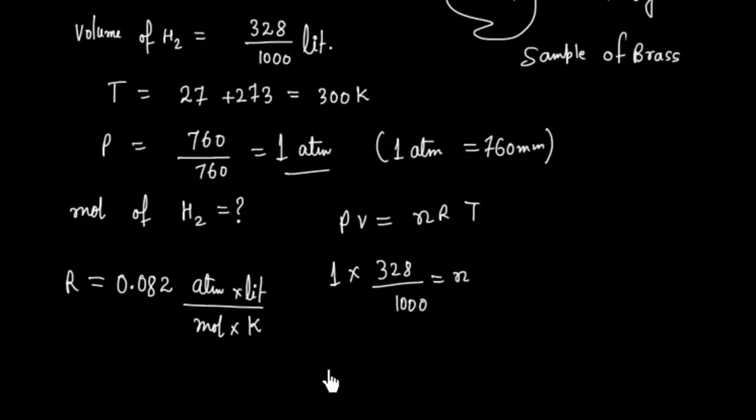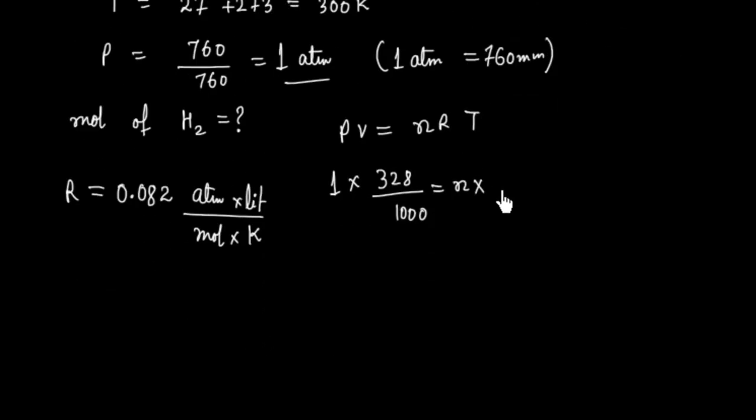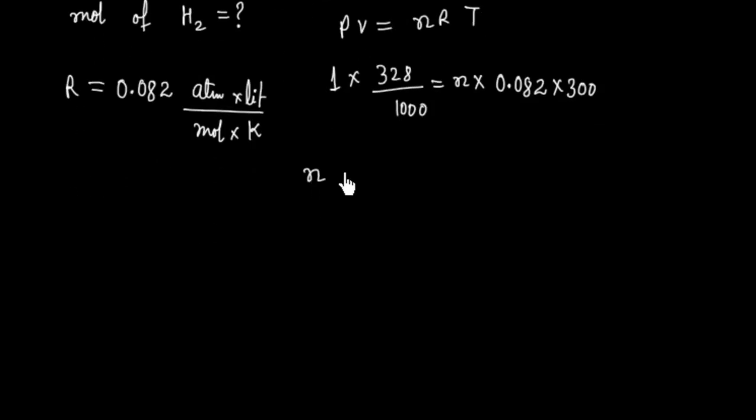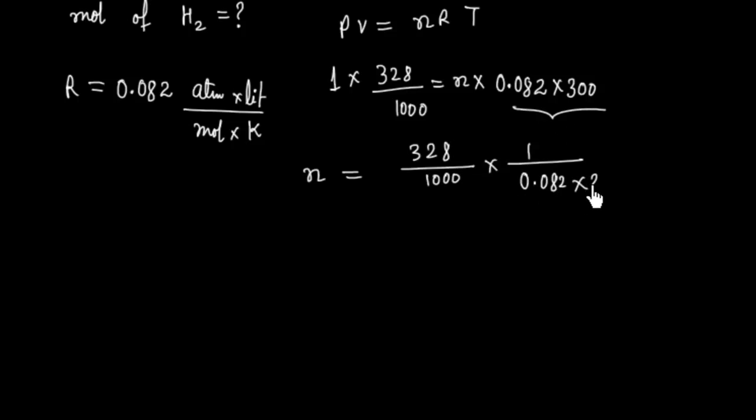So this is the unit for R. So let us plug only simple numerical value. R is 0.082 and temperature is 300 Kelvin. So from here we can calculate number of mole of hydrogen, and this is equals to 328 divided by 1000, and this 1 by this will come into the denominator, that is 0.082 into 300.